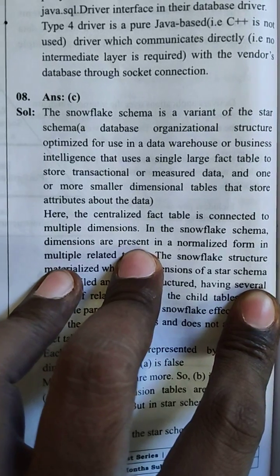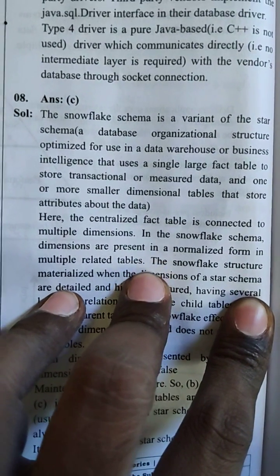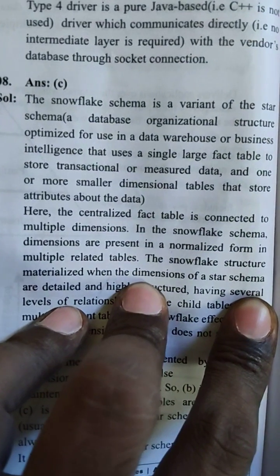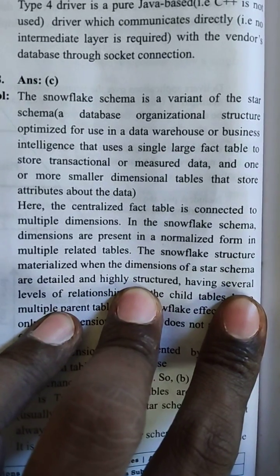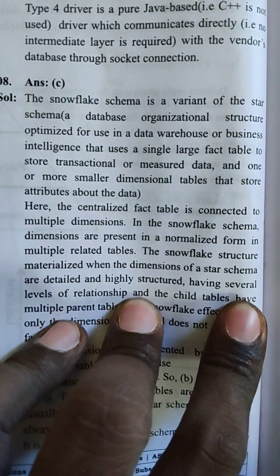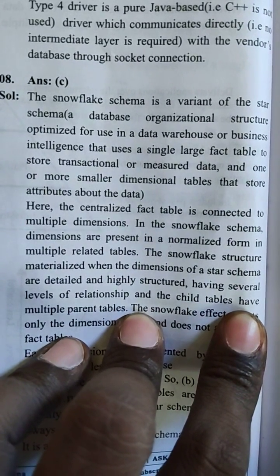In the snowflake schema, dimensions are present in normalized form in multiple related tables. The snowflake structure materializes when the dimensions of the star schema are detailed and highly structured, having several levels of relationships, and the child tables have multiple parent tables.